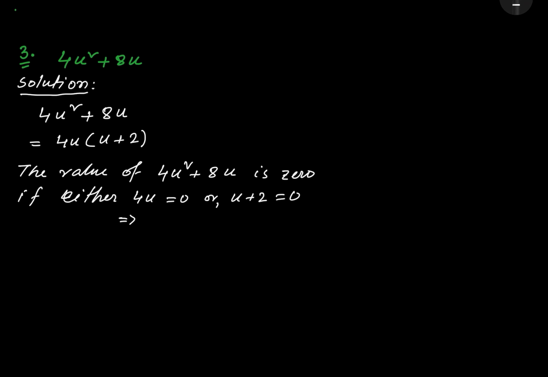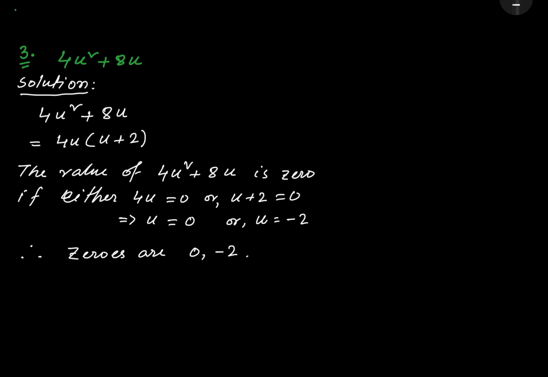So from this I can write u is equal to 0 or u is equal to minus 2. Therefore zeros are 0 comma minus 2. This is the first part.